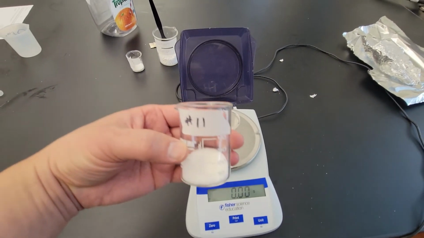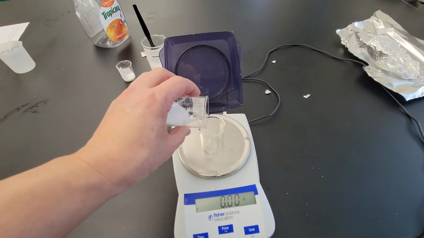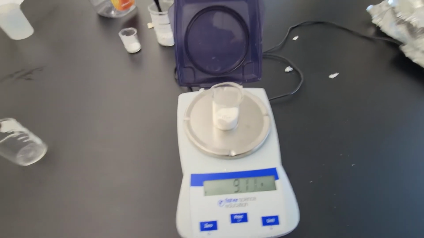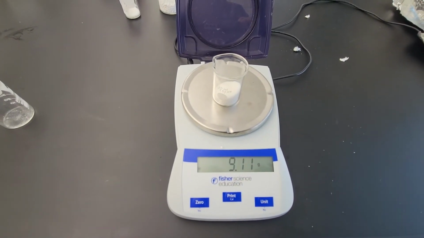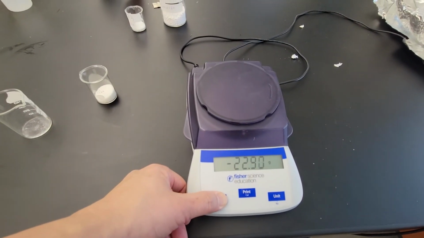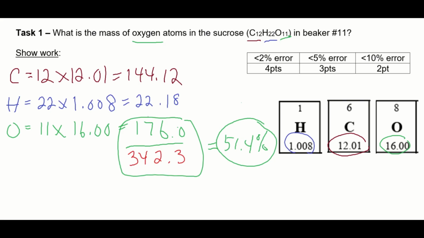And let's see how much sucrose is in here. 9.11. I had 9.11 grams of sucrose in beaker 11.